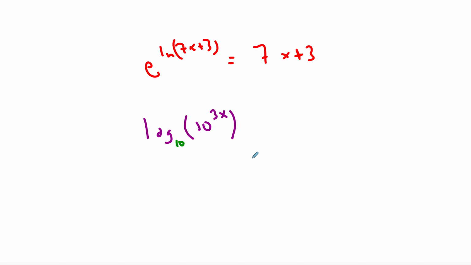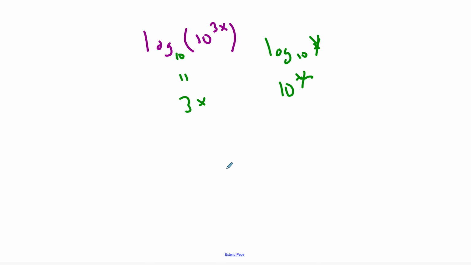Which means that we're looking at the log base 10 of something, and we're looking at 10 to the something. Maybe I shouldn't use x; let me say y, and then 10 to the y. So these two are being composed. In this case, the log is composed with this, so they cancel, and that means that our final answer is 3x. It's a relatively simple concept. It just gets a little bit confusing when you are presented with it from time to time.